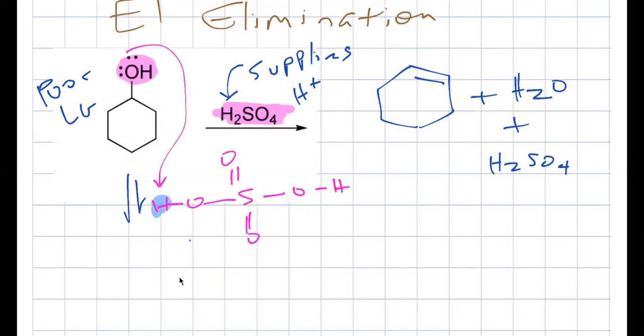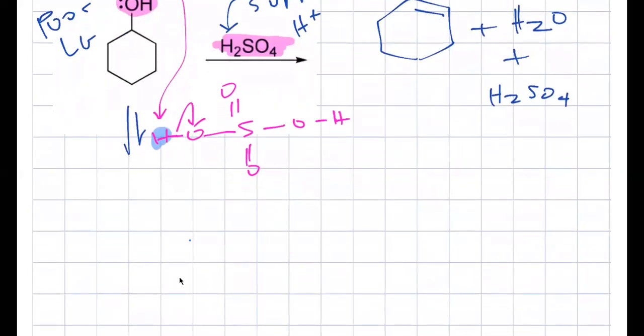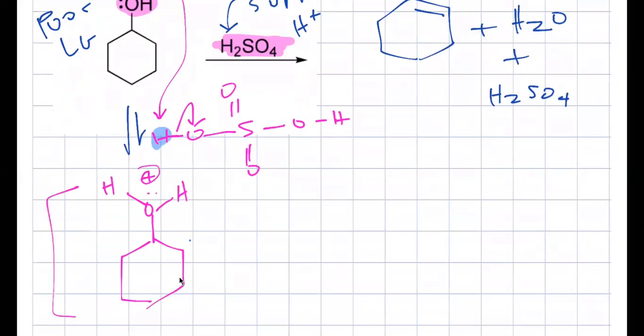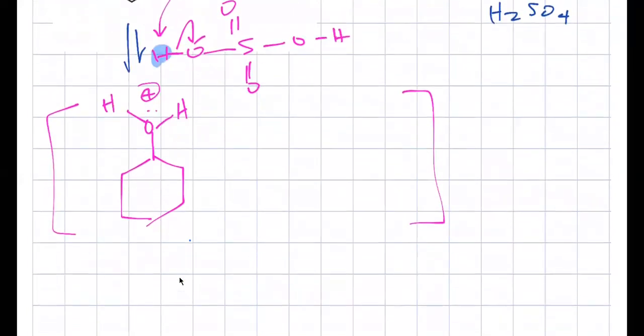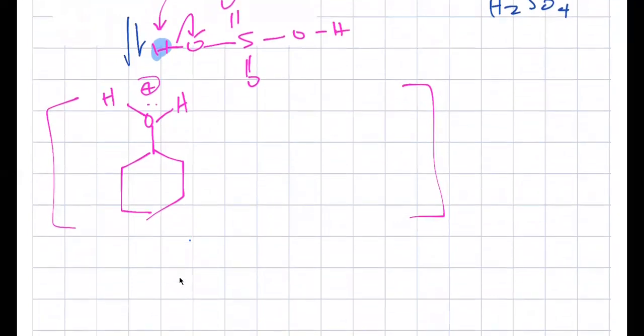So that first step is going to be a proton transfer. All right. So now we're going to end up here. That has a pair of electrons, positive charge. And that's my intermediate. And then lurking is the conjugate base of sulfuric acid, which is this.